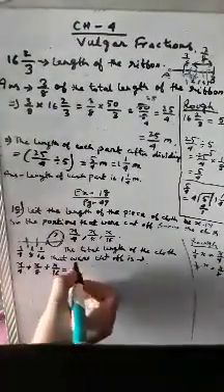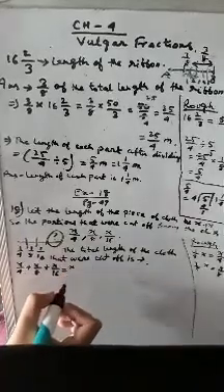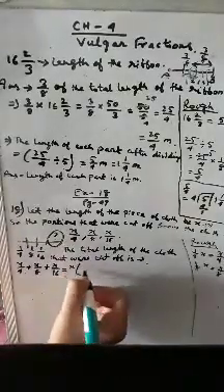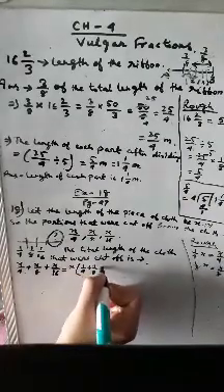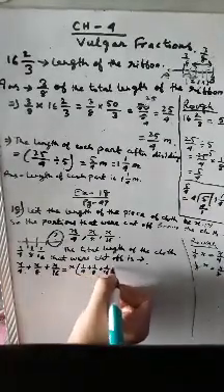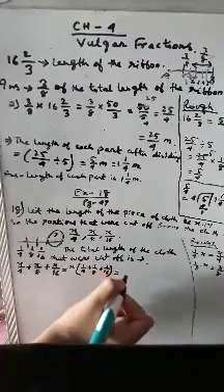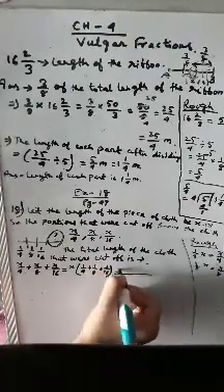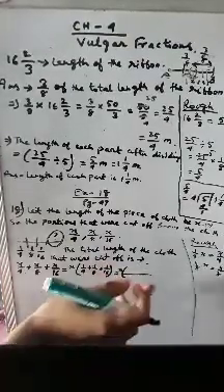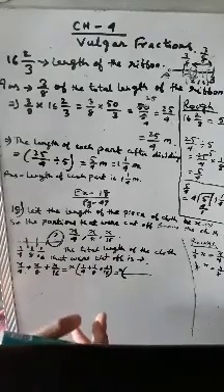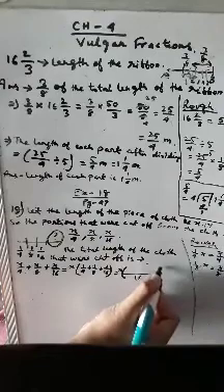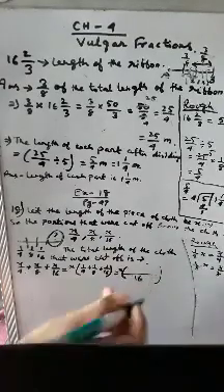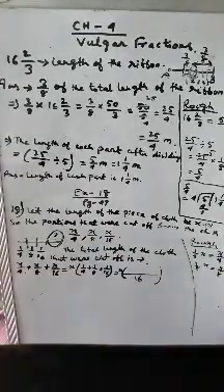First of all, you will take x common and you will be left with 1 by 4 plus 1 by 8 plus 1 by 16. Now do the calculation. What will be in the denominator? You will get 16 only. You just do the LCM. If you find out the LCM, you will get 16.